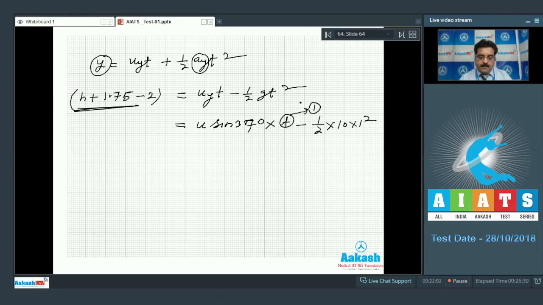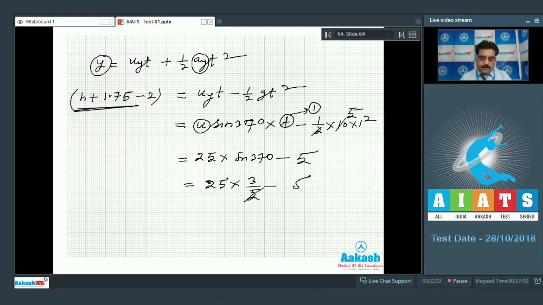You can place t is 1 here, and here also we can place it. Now the value of u I know, that is 25 sin 37 minus 5, since half of 10 is 5. The value of sin 37 is 3 upon 5. So when I place the values, 25 into 3 upon 5 minus 5. 5 5s are 25, 15 minus 5. So the final value is 10.